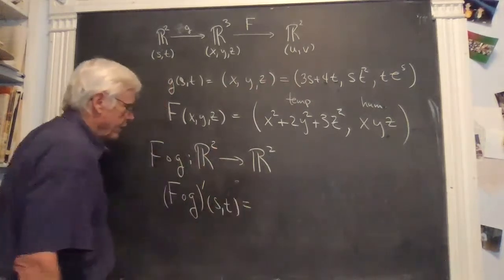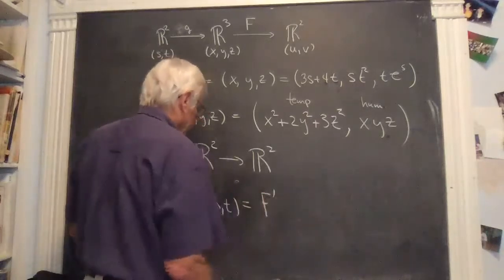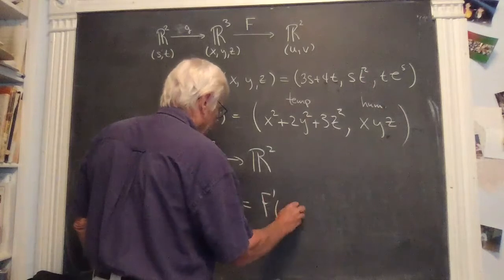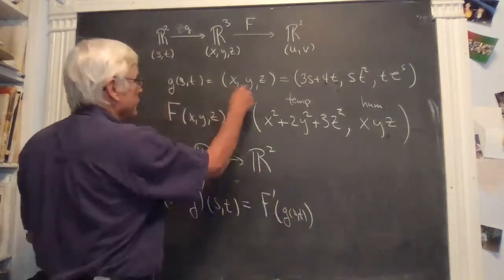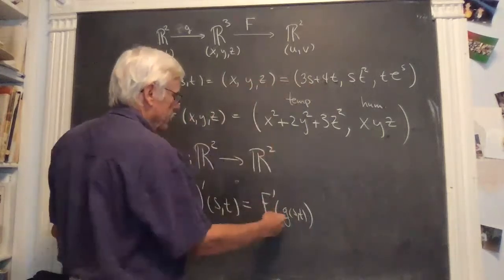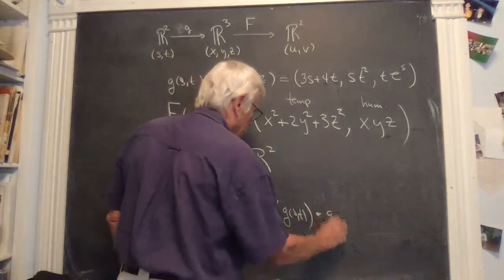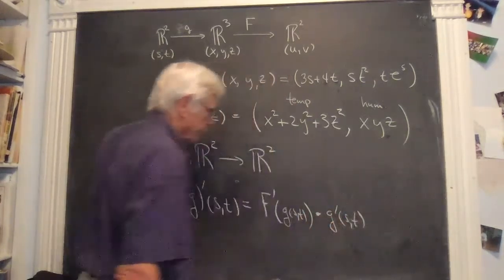And the chain rule tells us that this will be the derivative of f evaluated at g of s and t. So this means you have to plug in these formulas for x, y, and z's that naturally occur in this derivative, times the derivative of g with respect to s and t.